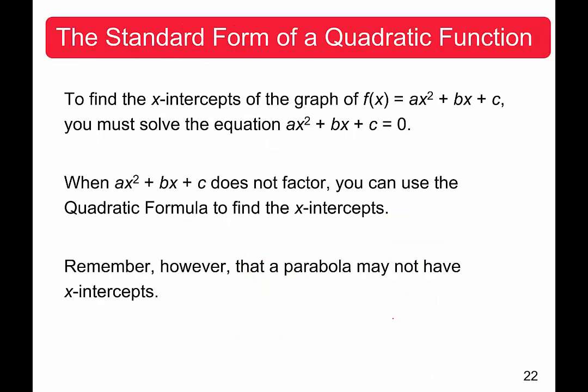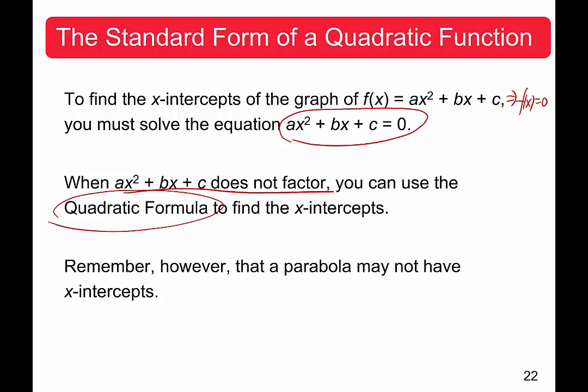And to find the x-intercept of the graph of f of x equal ax squared plus bx plus c, we basically just set f of x equal to 0. X-intercept is setting f of x equal to 0, setting y equal to 0, and solving this equation. And most of the time we could factor this, right? And then solve for x. If ax squared plus bx plus c does not factor, then we can use the quadratic formula to find the x-intercept.